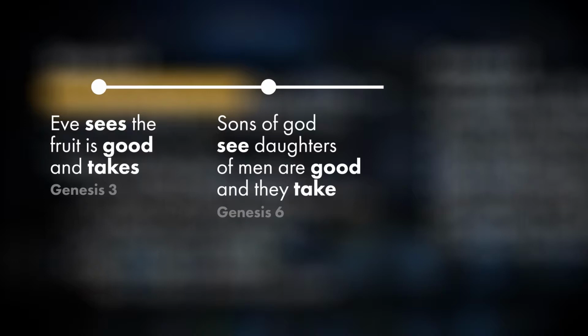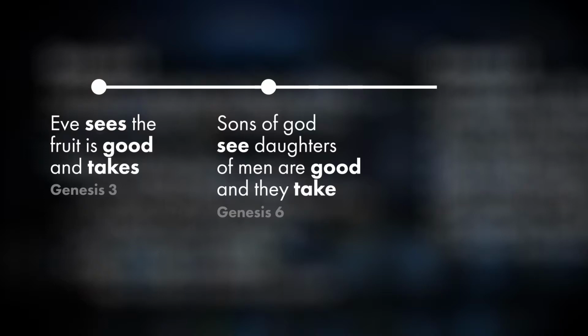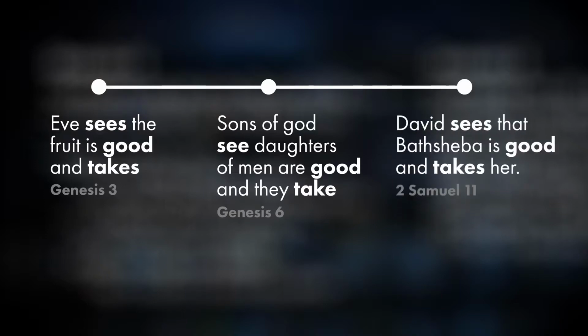Another allusion back to that first sin. So also in the narrative of David and Bathsheba, David will see that Bathsheba is good and he will take her. So the authors are continually subtly alluding back to this, the first sin, to say that this is like a primal sin going on.